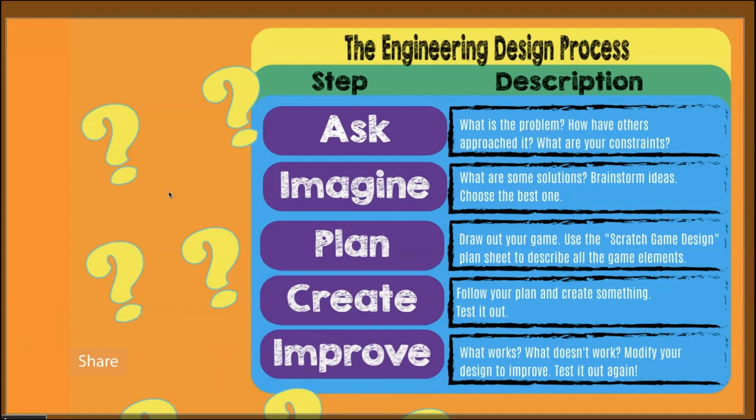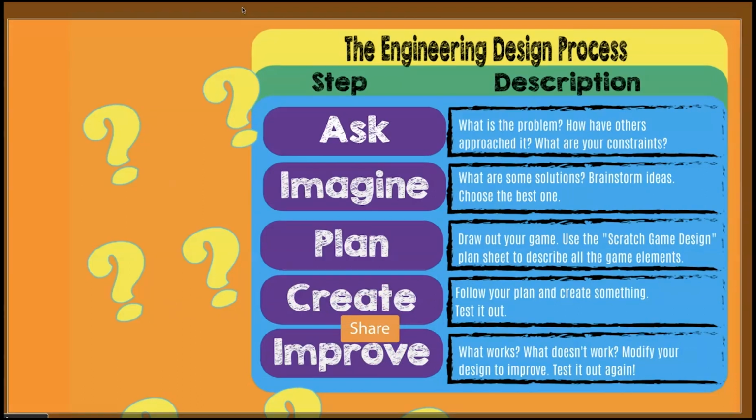Now, remember in the engineering design process, I added a step. Since we're designing games in Scratch, Scratch has a share feature. And I'm going to move that right in between step 4 and step 5, that you'll be sharing your Scratch game with the Scratch community.